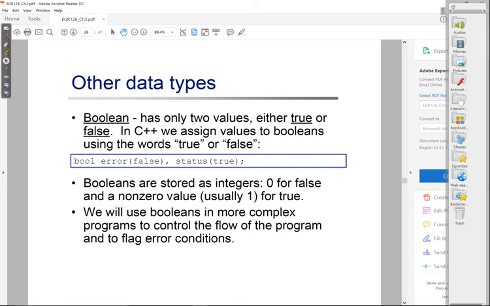You need 1 bit for a Boolean variable. That's why they exist. In the old days, when computers had very little memory, you could use basically 1 bit for a Boolean as compared to 16 bits for a short integer.